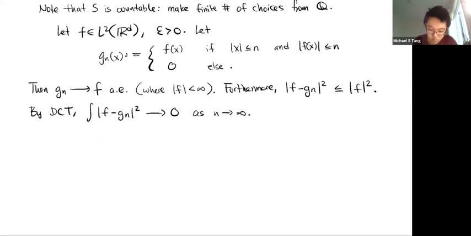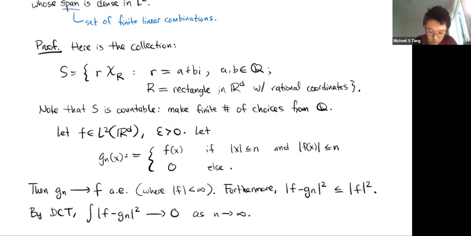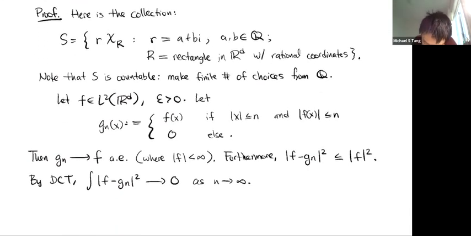Okay, so in particular, if we take a square root, then we get that the L2 norm of f minus Gn goes to 0. So we use the dominated convergence theorem on the specific function to prove a statement about the L2 norm.